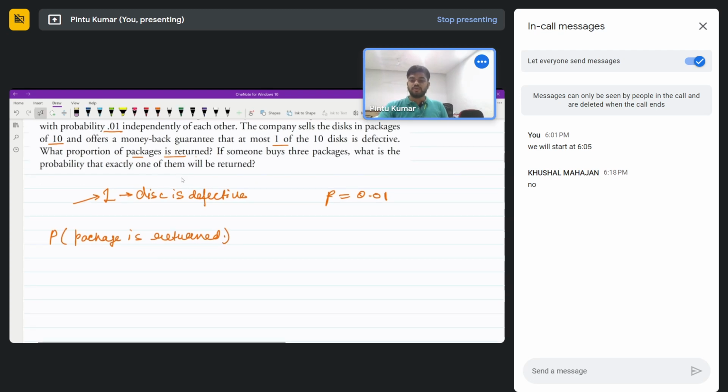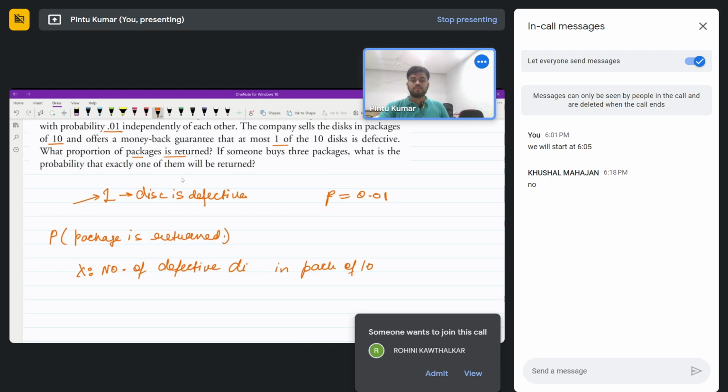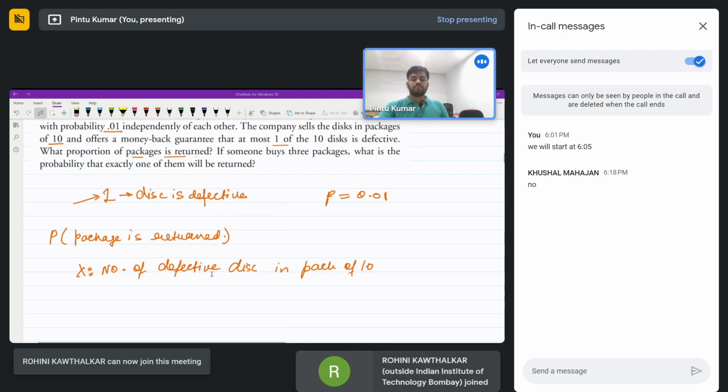So let X denote the number of defective disks in a pack of 10.